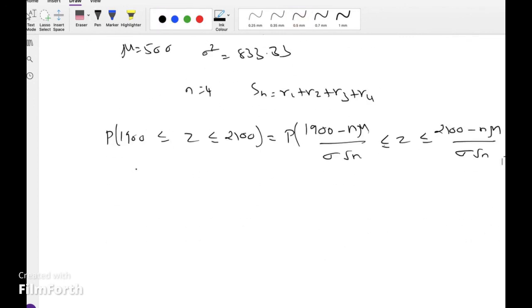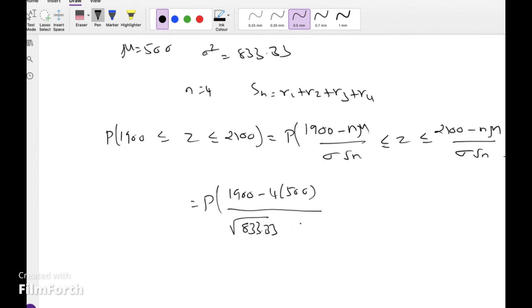That is (1900 minus 4 into 500) by (square root of 833.33 into 2) less than or equal to Z less than or equal to (2100 minus 4 into 500) divided by (square root of 833.33 into 2).